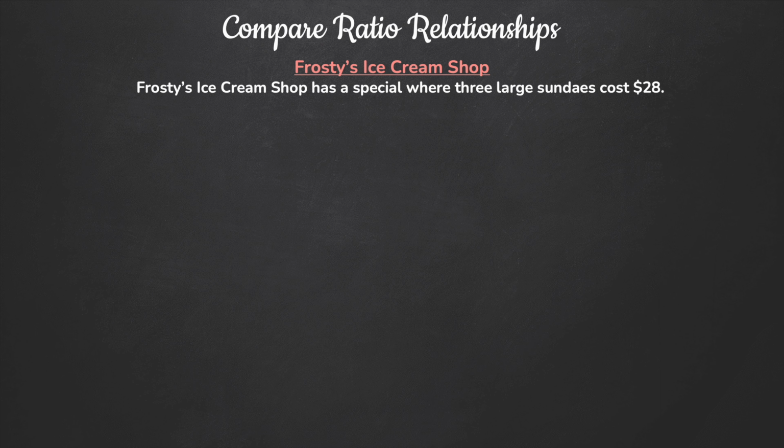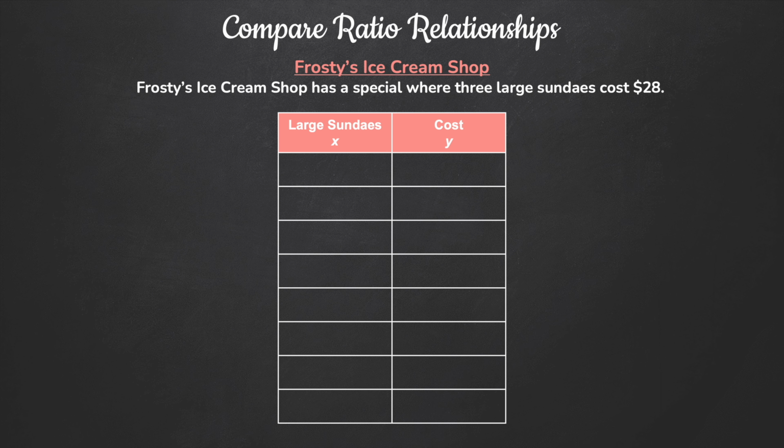So again, Frosty's Ice Cream Shop has a special where 3 large sundaes cost $28. So let's go ahead and make that a table. So we know that 3 large sundaes is $28. And if we got 3 more large sundaes, we would have 6. And then the cost would be $56.